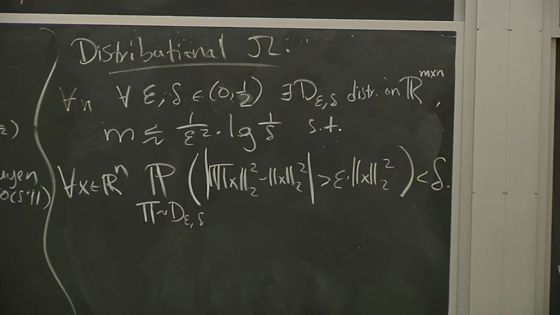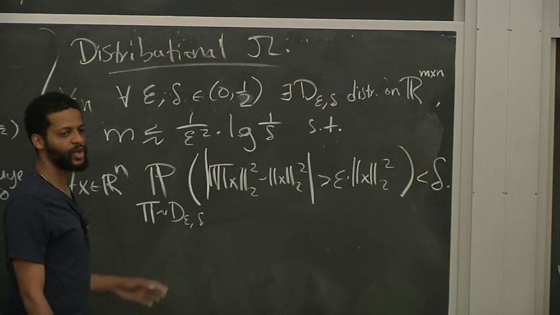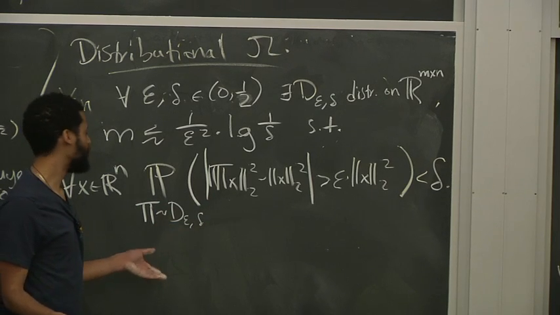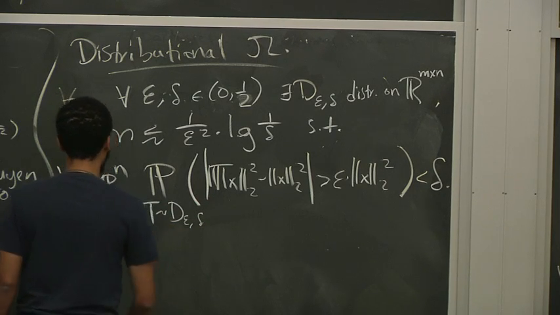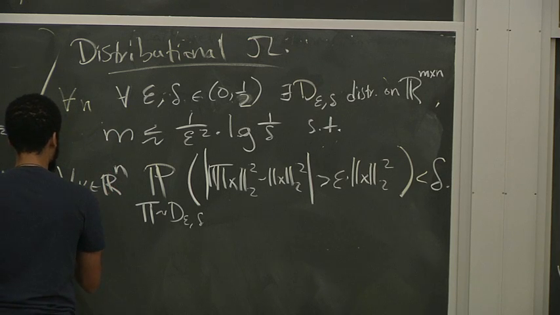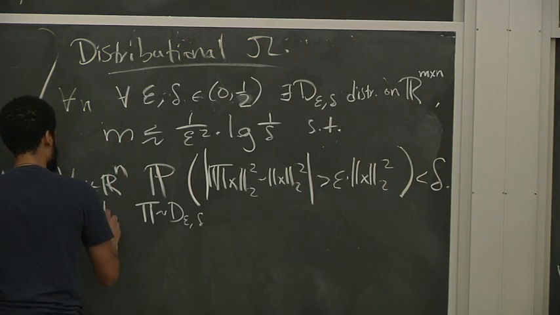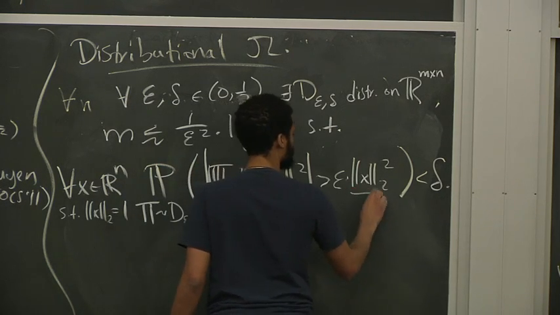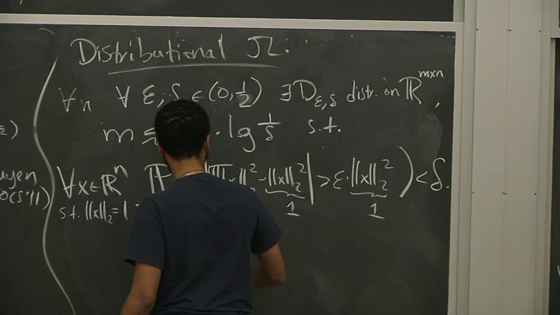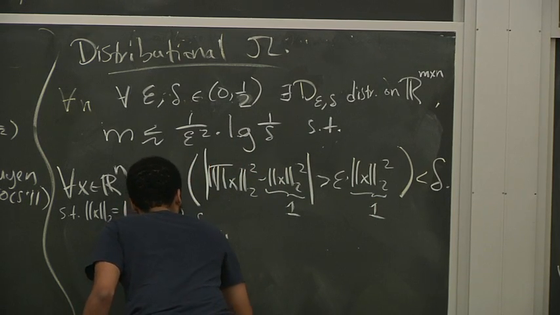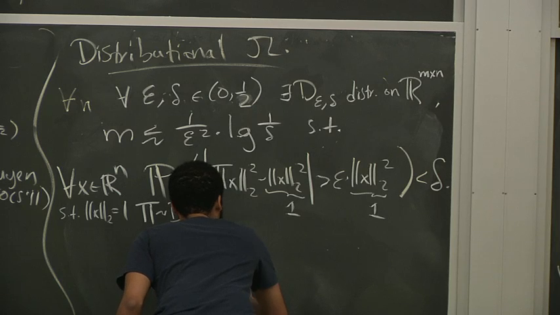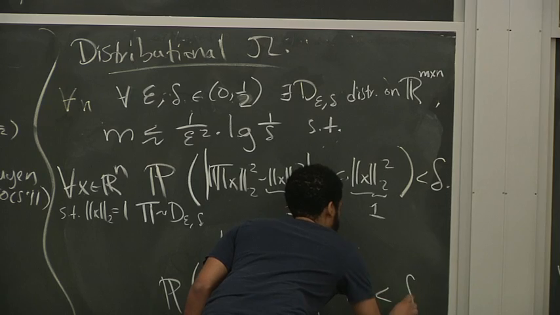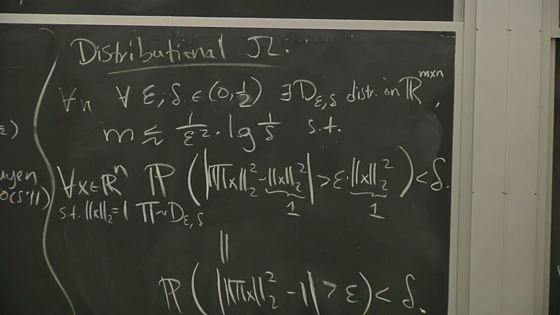Notice that since pi is a linear map, if you preserve all the unit norm vectors, it implies that you preserve all the vectors, right? So we could even say that for all x in R^n such that the norm of x is 1, and then this thing here is just 1. So let me rewrite that. The probability that the L2 norm squared of pi x minus 1 is bigger than epsilon is at most delta. Okay, so this is the distributional JL lemma.